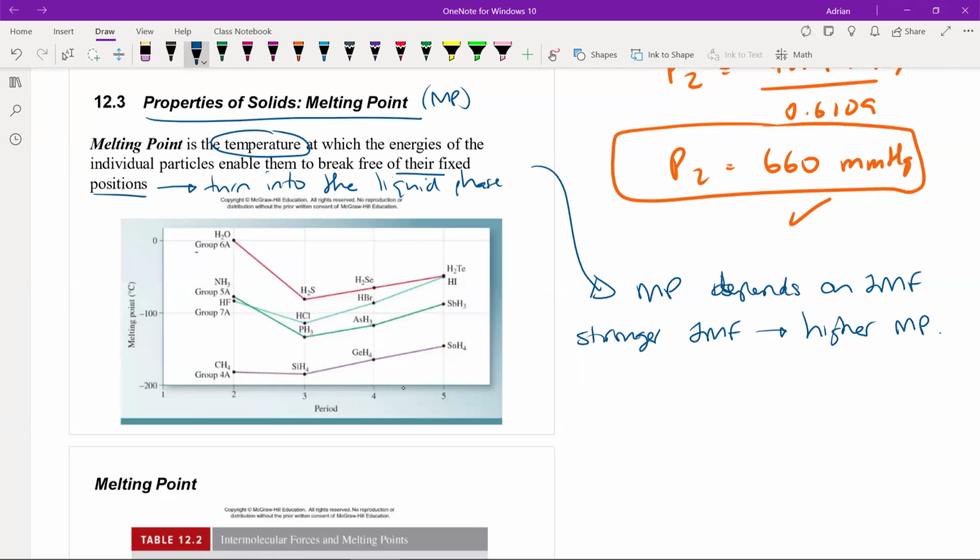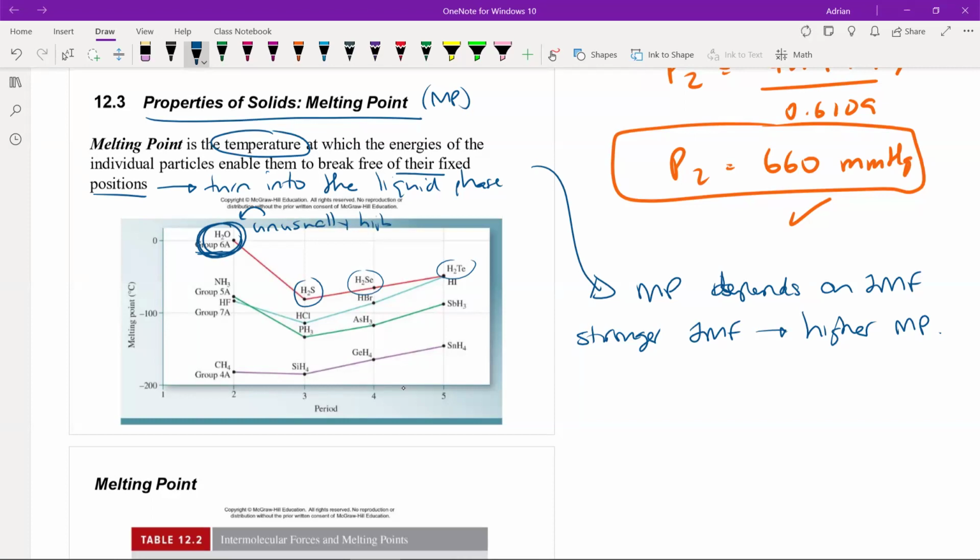And you can actually see, if you look at a chart, for example, all of the hydrides of the group 6 elements. So we have the hydride of oxygen, hydride of sulfur, hydride of selenium, hydride of tellurium. We see there's a general trend going up. However, water is anomalously high. Okay, so it's an unusually high melting point for this.